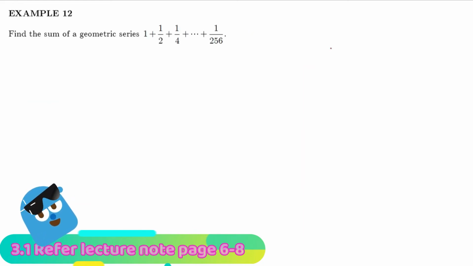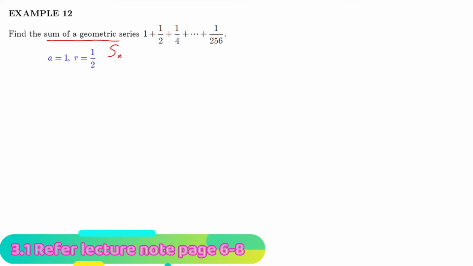For example 12, we are to find the sum of the geometric series 1, 1 over 2, 1 over 4, up to 1 over 256. The sum of a geometric series is Sn. So we can obviously see from this sequence, we have A equals 1 and R equals 1 over 2.